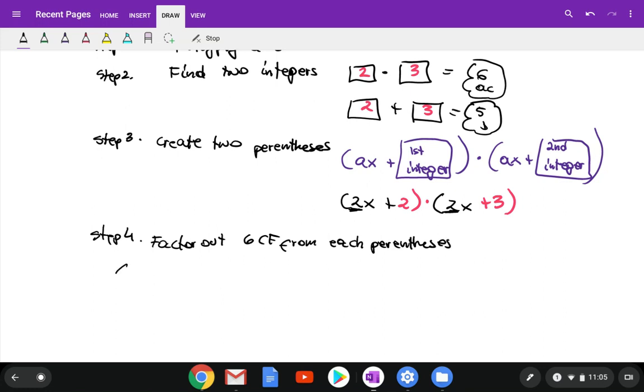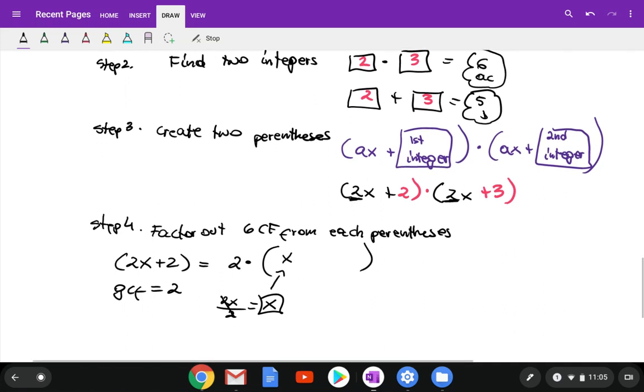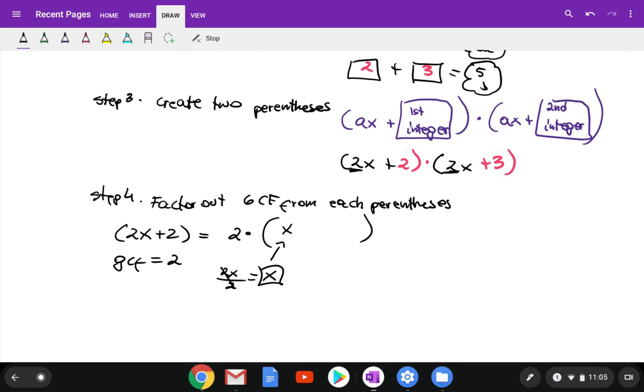So the first parenthesis is 2x plus 2, the GCF is 2, so we take that 2 in front of the parenthesis and factor it out. So 2x divided by 2 is equal to x. So that x goes here. And then take your second expression, which is positive 2, divide by the GCF, which is 2. You're getting 1. That 1 goes here.